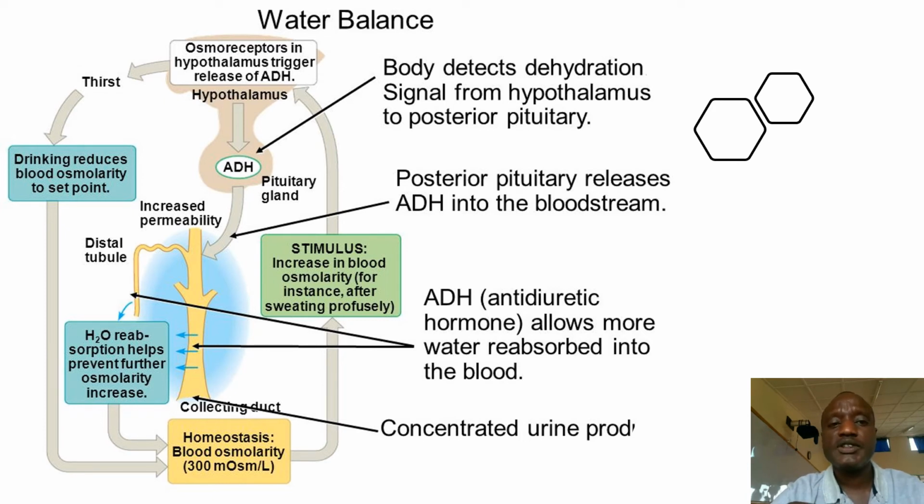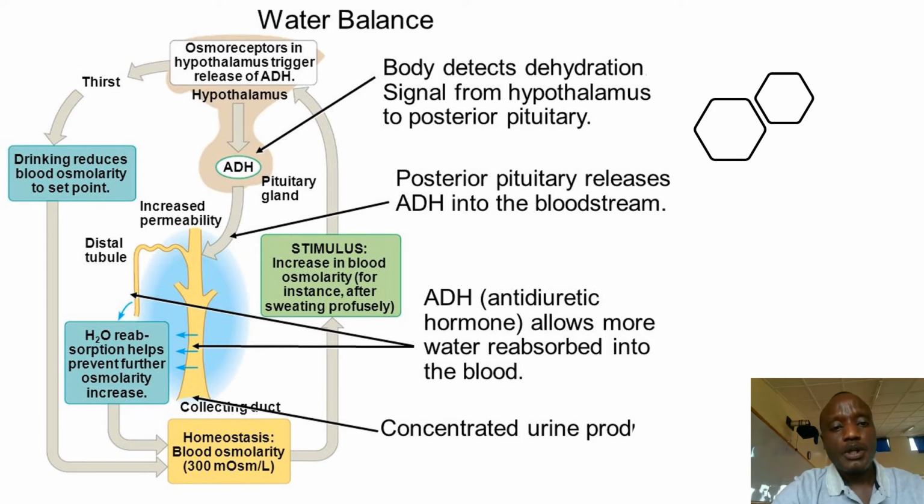These are specialized cells which are located in the hypothalamus. And remember what I said about the hypothalamus. The antidiuretic hormone is produced in the hypothalamus, but it is stored in the posterior lobe of the pituitary gland. So that's why they say osmoreceptor cells in the hypothalamus trigger the release of ADH.